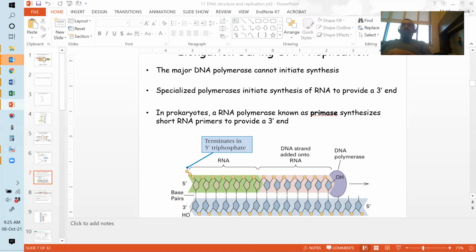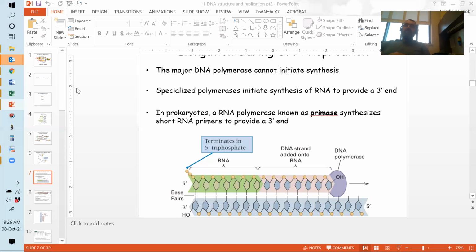How many do you think will be needed for the lagging strand? Just one or lots? Yeah, you're going to need one for every single fragment. Every single fragment, right?